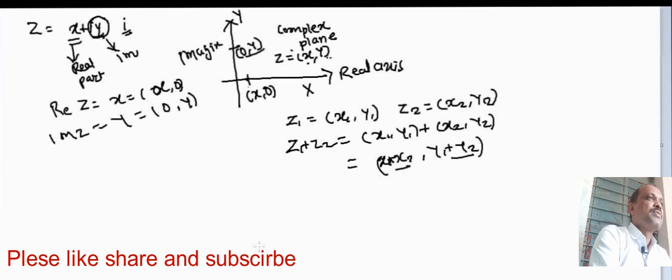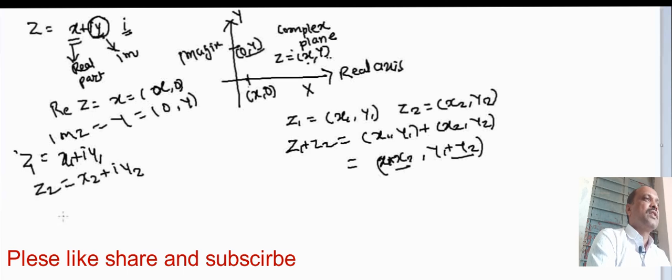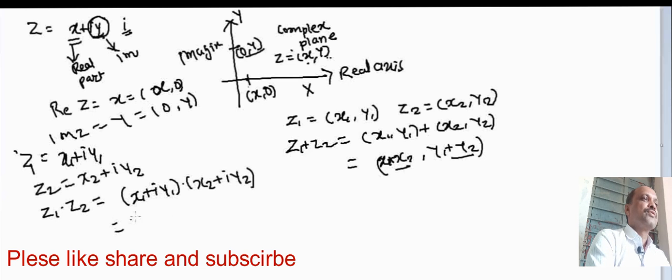If we write z1 equal to x1 plus i into y1, and z2 equal to x2 plus i into y2, let us multiply z1 into z2 directly, so that we can write the formula for the ordered pair. We get x1 into x2 plus i into x1 into y2 plus i into y1 into x2 plus i square into y1 into y2.